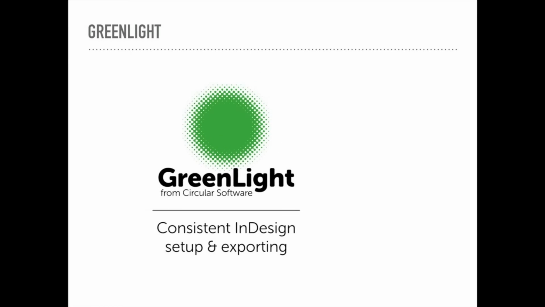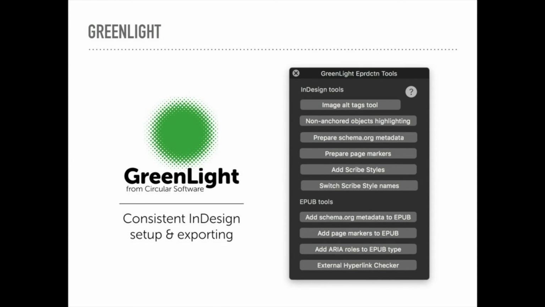So the Greenlight software has got already 10 e-production tools, so tools for digital production preparation. So you can see they're sort of split into two. Tools to help with some of the accessibility problems that we get from InDesign, and trying to better prepare our content, and also for the export to EPUB.